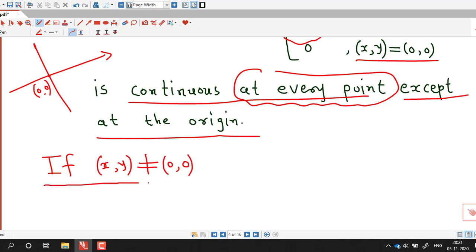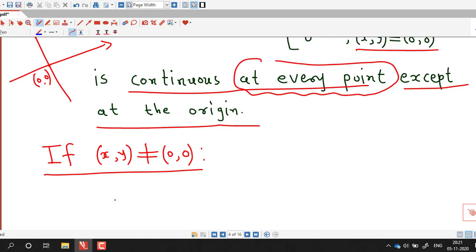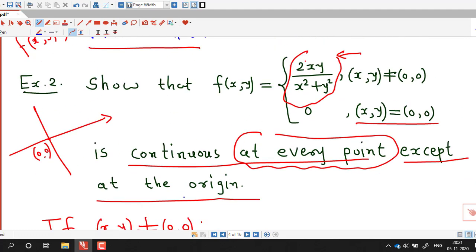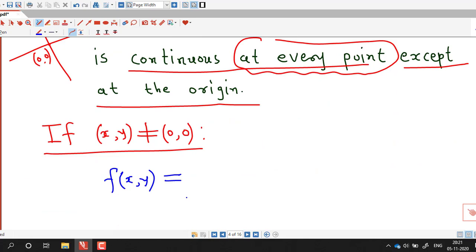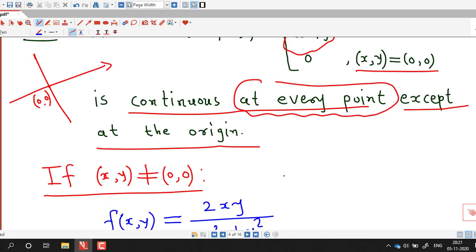So if (x,y) is different from origin, then the value of the function is f(x,y) equal to 2xy over x square plus y square.